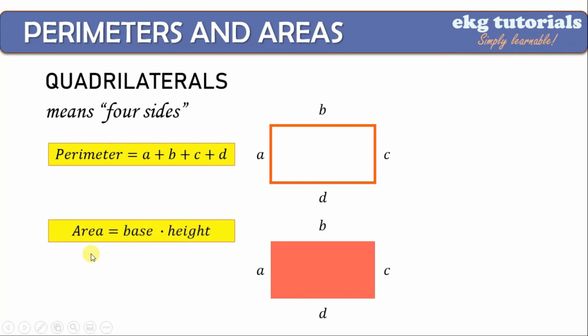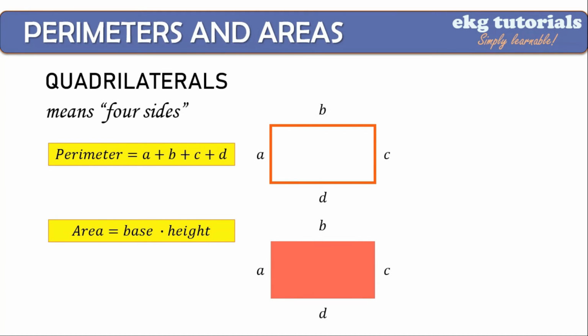The area is equal to base times height. Now, wait, that sounds familiar. Base times height. If you remember, earlier the formula for the area of a triangle is 1/2 base times height.